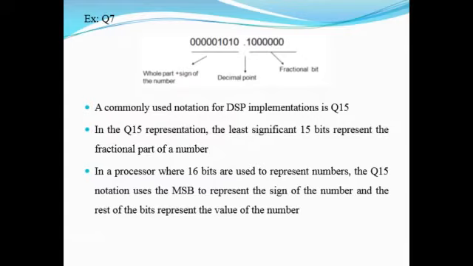In a processor where 16 bits are used to represent a number, since we have taken 16 bits, the Q15 notation will use the MSB to represent the sign of the number. Normally, to find whether a number is positive or negative, we look at the MSB of that value, and the rest of the bits represent the value of the number. So one bit, the MSB, represents the sign, and the rest of the bits represent the value of the number.